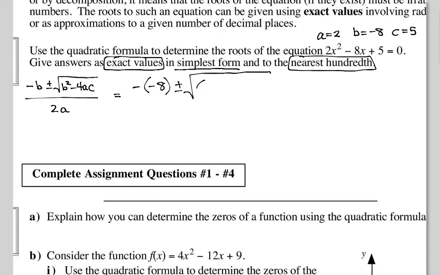So when you substitute in this B, use a bracket. Minus 4 times A times C. And this square root symbol should hang all the way over all of those terms. And all of this stuff is on top of 2 times A, 2 times 2.